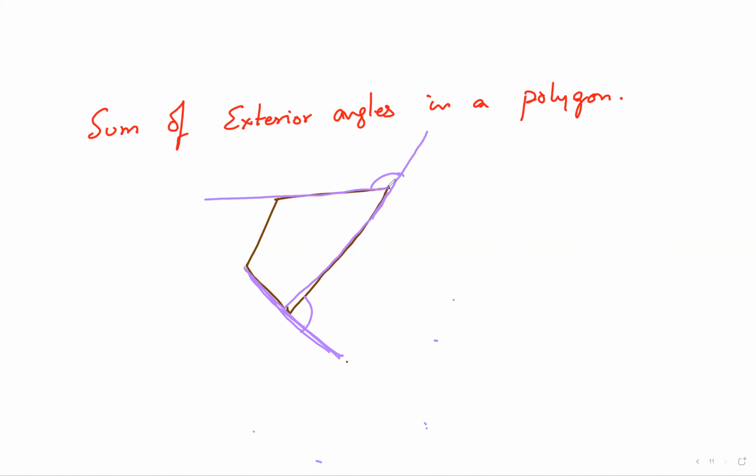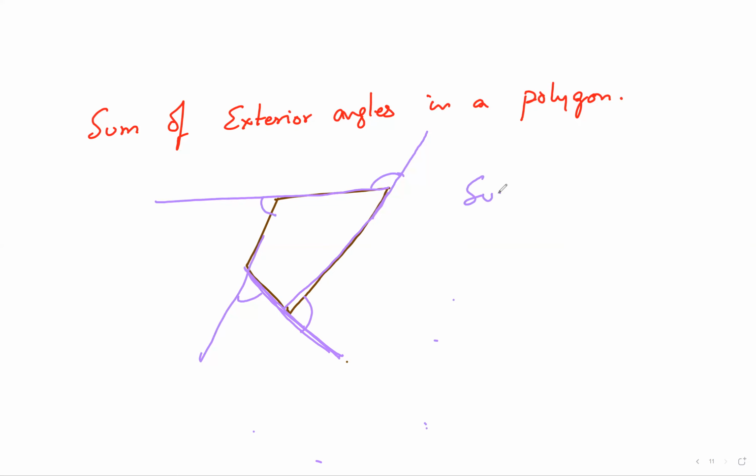In the same way you prolong it. Now you may doubt, sir, is this an exterior angle? No, it is a straight angle, right? The angle should be between the extended side and the adjacent side of the polygon, and these are the exterior angles.